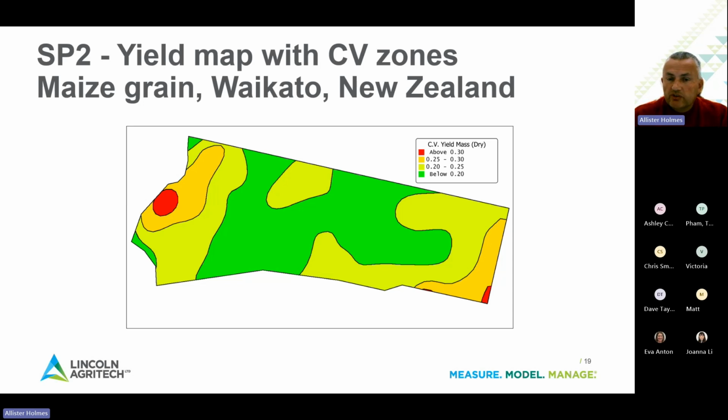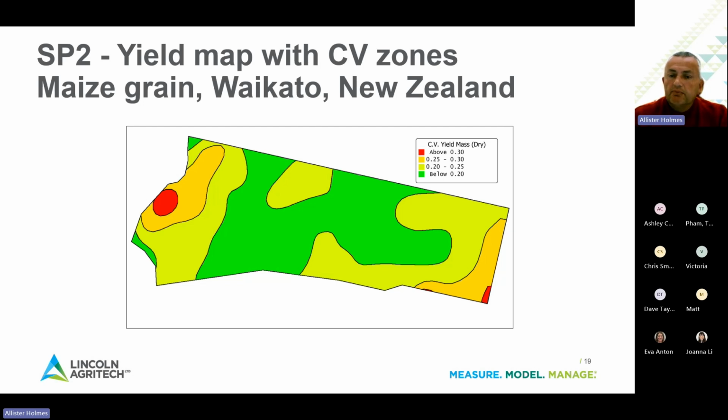We all know examples of paddocks where certain parts perform very well in wet years or very well in dry years. Those are the parts of the paddock that tend to have a high CV, meaning the yield varies a lot from year to year over a number of years.